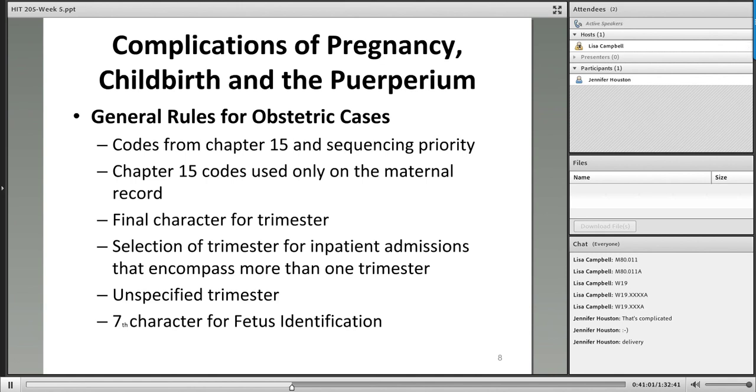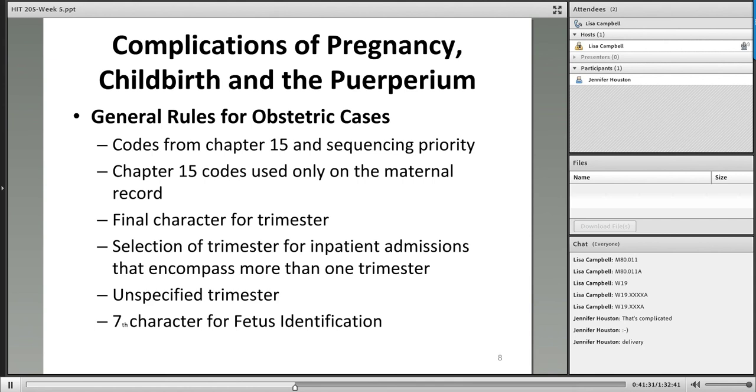Under the main term pregnancy, the first subterm that has a lot of subterms under it is complicated by. Under complicated by, the first option is abnormal or abnormality, and then that list goes on for a couple of pages.